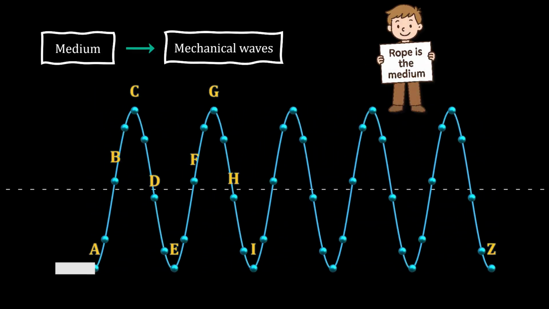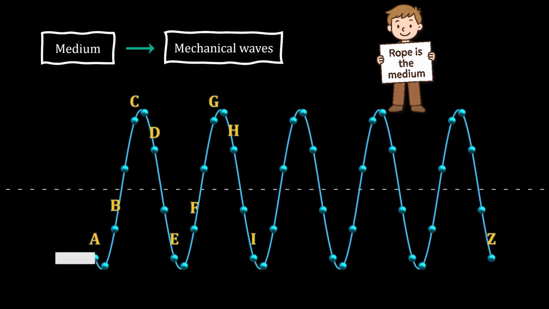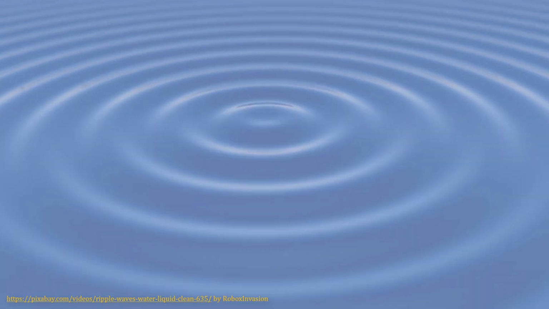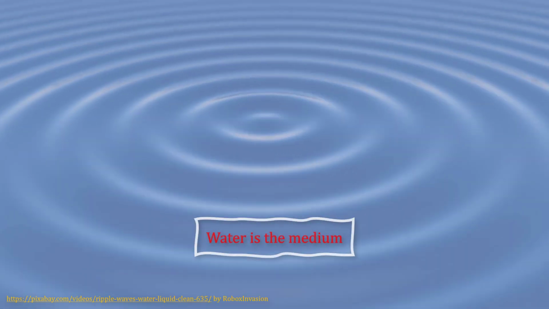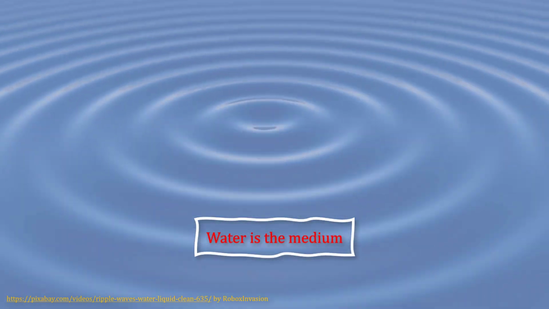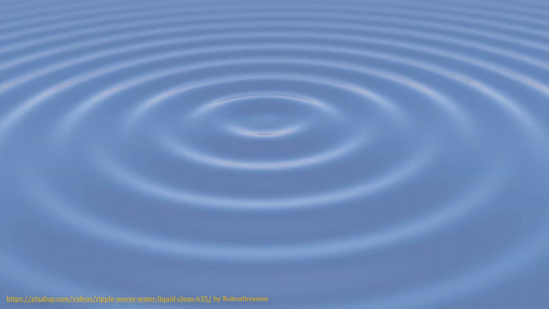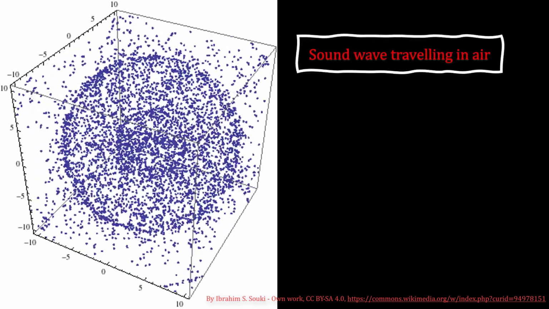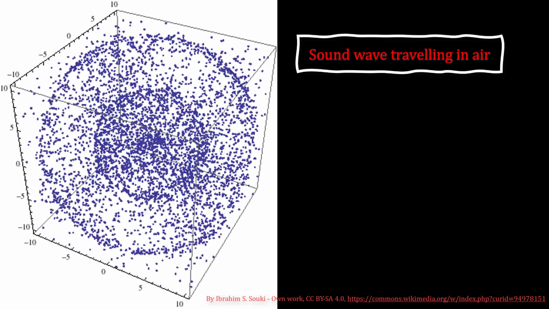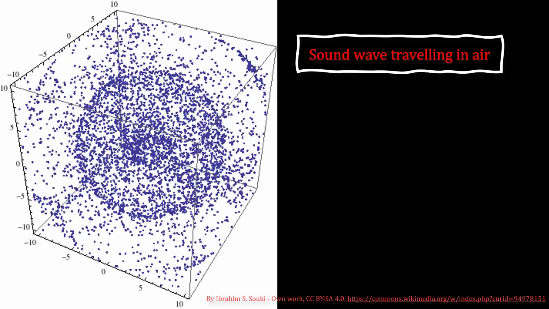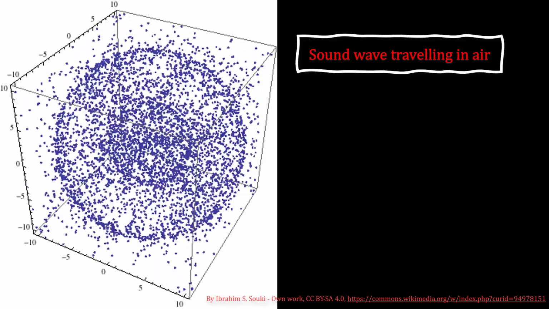The particles of the rope oscillate to propagate energy. For a wave on the surface of water, the water is the medium, and it is the particles of water that oscillate to propagate energy. And similarly, for a sound wave traveling in air, air is the medium and the particles of air oscillate to propagate energy.